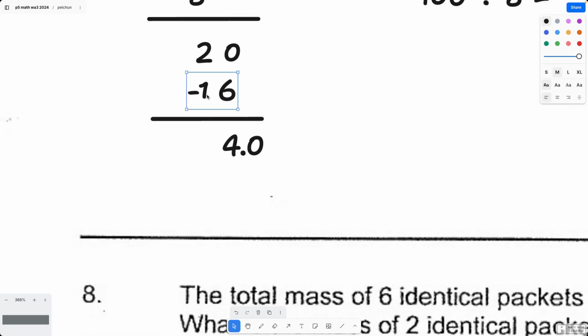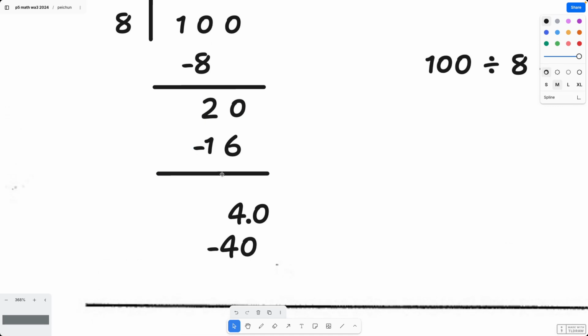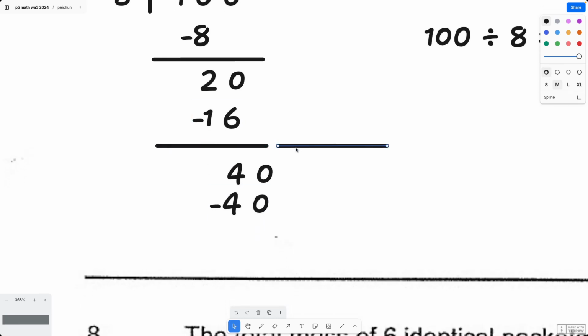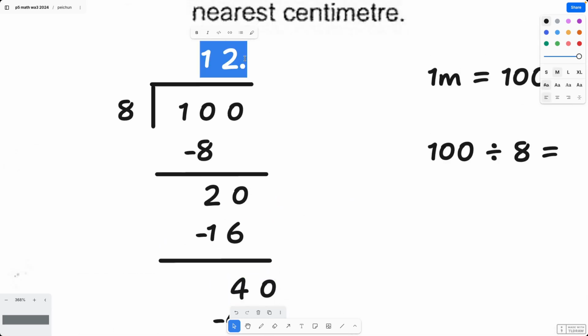So what we can do is minus 40 in this case over here. Let me just move these things up so we have more space. So 40 is basically like this, and then this will give us 0. There you go. And then the answer is 12.5.